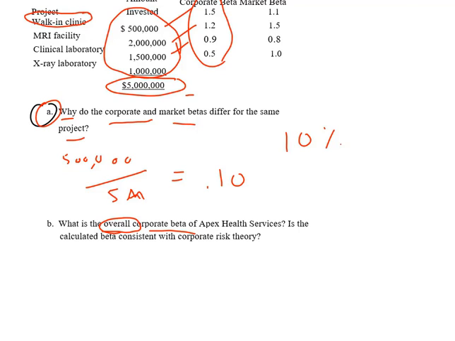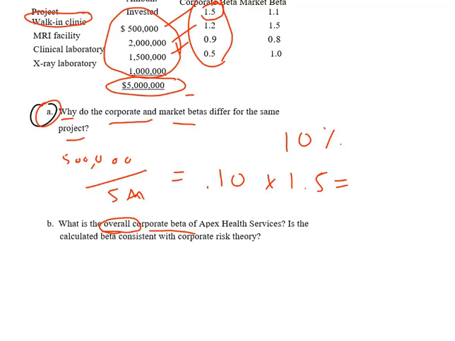You also know what the corporate beta is. That's been given to us for that project, and it's 1.5. So all you're simply going to do is multiply. We have our 0.10 times the beta for that project, the corporate beta for that project.